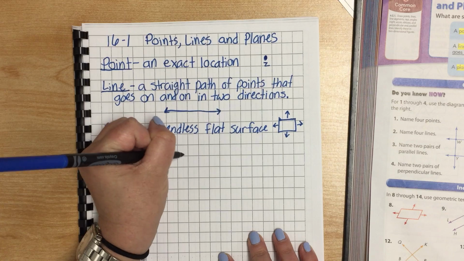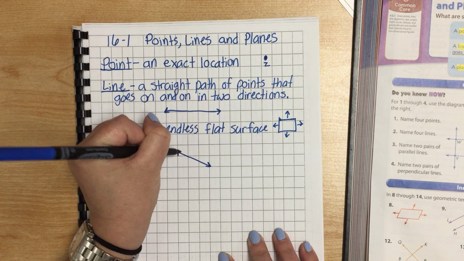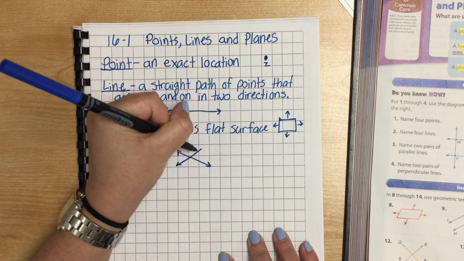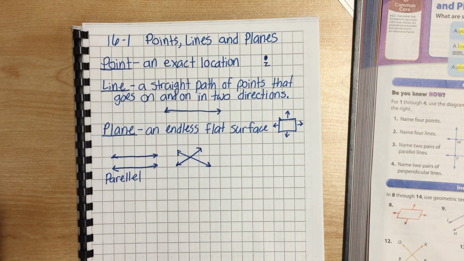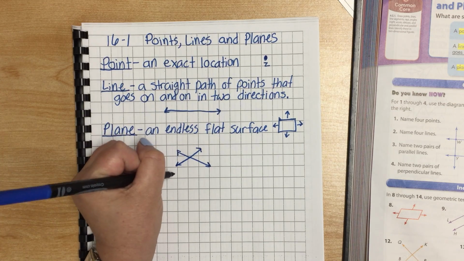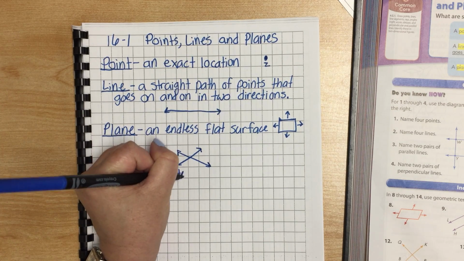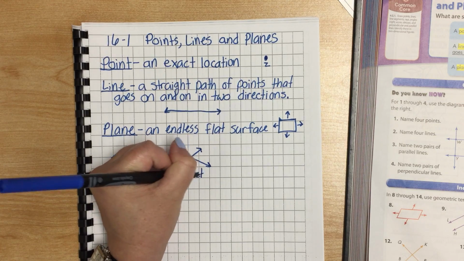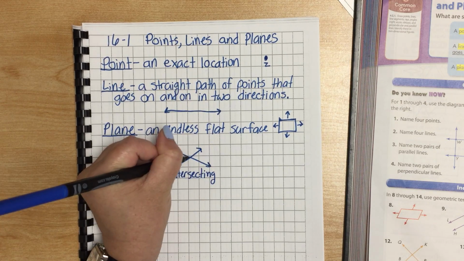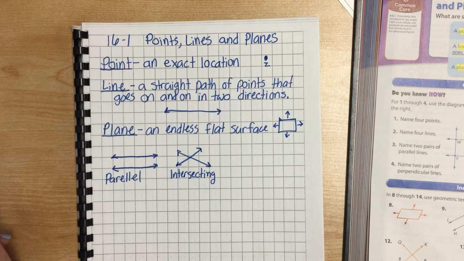Okay, what kind of lines are these? These are intersecting lines. They pass through, and they share one point.